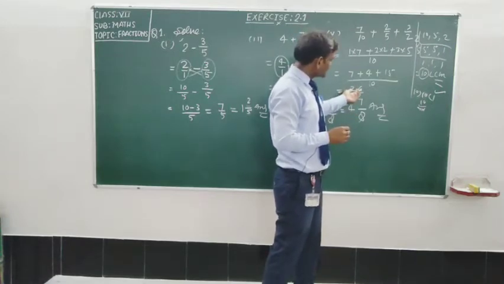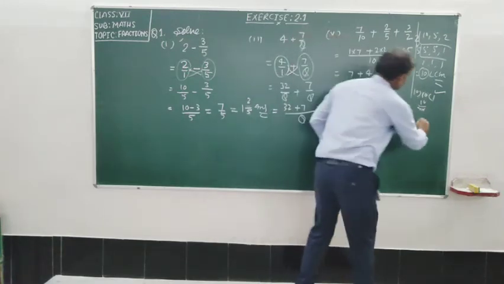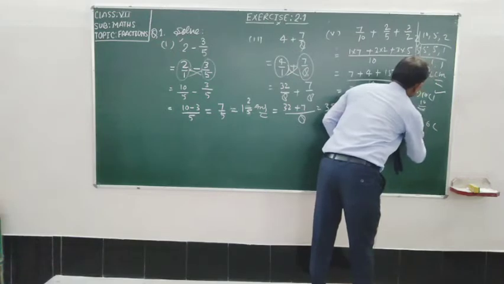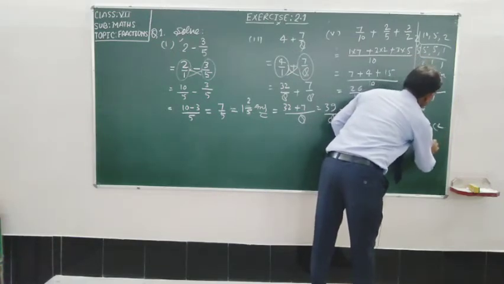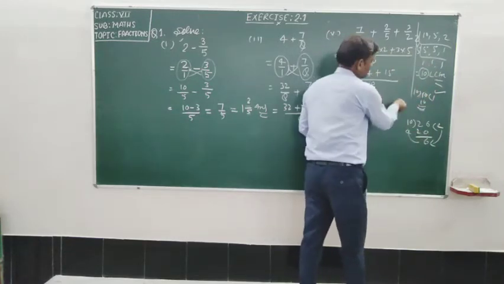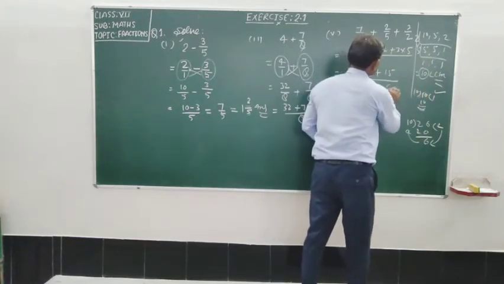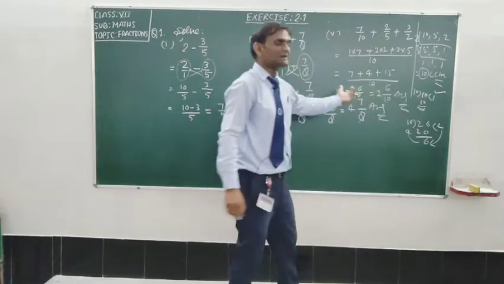Now you are seeing that the numerator is greater than the denominator. So, student, you can divide 26 by 10, and when you divide 26 by 10, you get 2 as the quotient and 6 as the remainder, and you can write it in the form of a mixed fraction, that is 2 whole 6 upon 10. It's my answer.